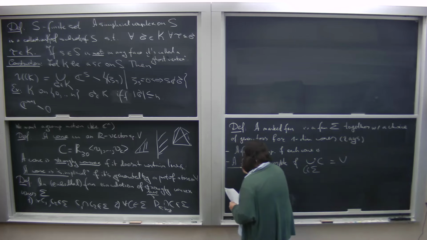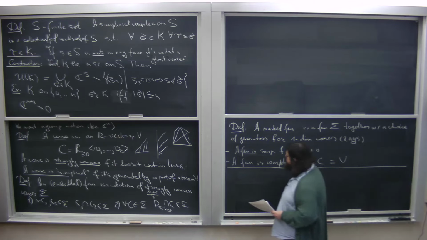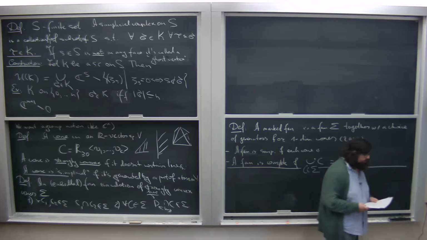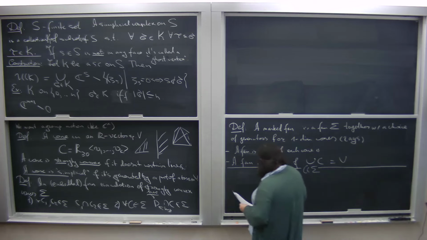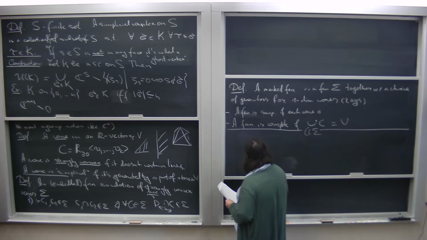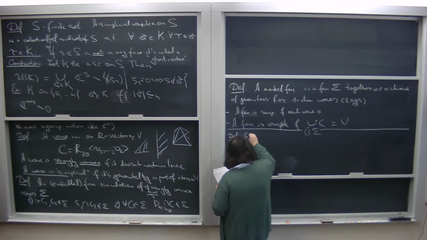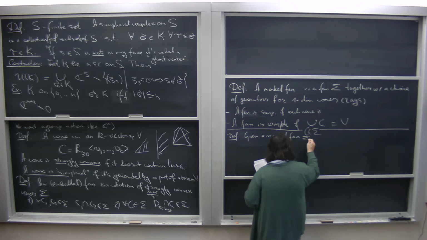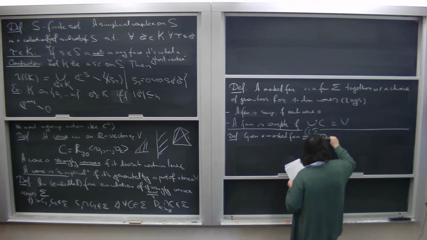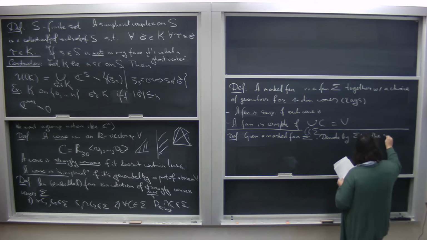Okay, so those were additional definitions. Now let's start building a group action. The input data for us would be a marked fan or a marked simplicial fan. And to this, we can associate several linear operators. Given a marked fan sigma, denote by sigma of 1 the set of rays.